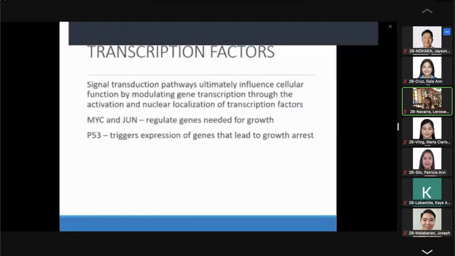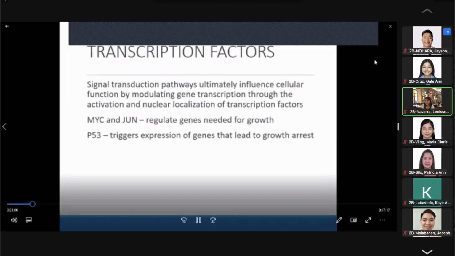So let's go to transcription factors. Signal transduction pathways ultimately influence cellular function by modulating gene transcription through activation and nuclear localization of transcription factors. So the conformational changes will allow the translocation into the nucleus.